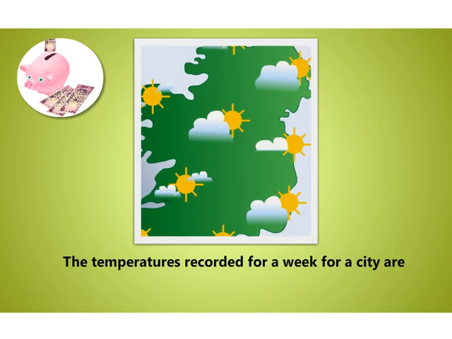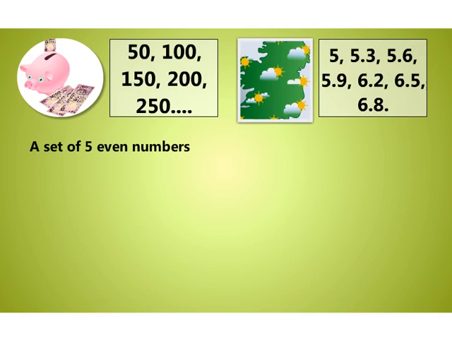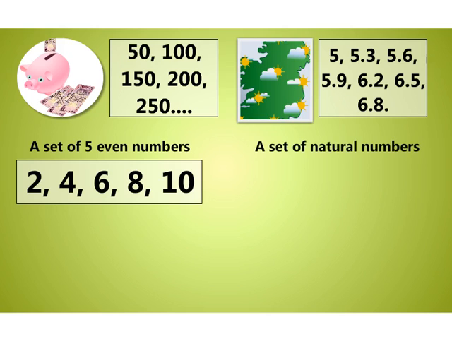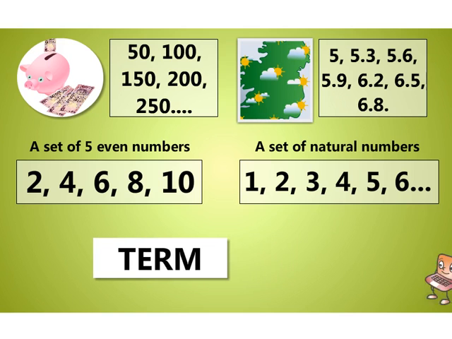The temperatures recorded for a week for the city are 5, 5.3, 5.6, 5.9, 6.2, 6.5 and 6.8. A set of 5 even numbers: 2, 4, 6, 8 and 10. A set of natural numbers: 1, 2, 3, 4, 5, 6. Each of the numbers in the list is called a term.